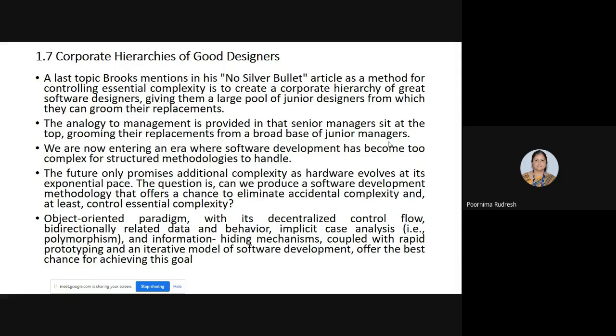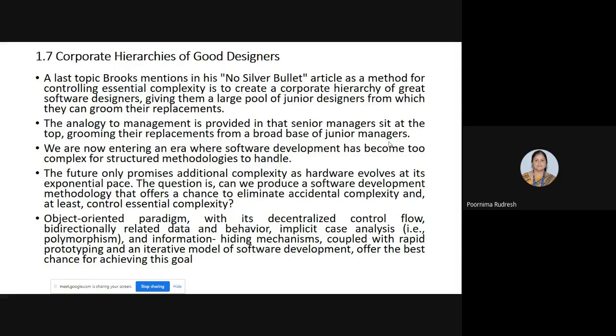If the work is not satisfactory, the software engineers may replace the junior designers. Clear? Similarly, in the management analogy, senior managers sit at the top level with a group of junior managers below them, who act according to the senior managers. If they are not following the senior managers, the senior managers may simply replace them.